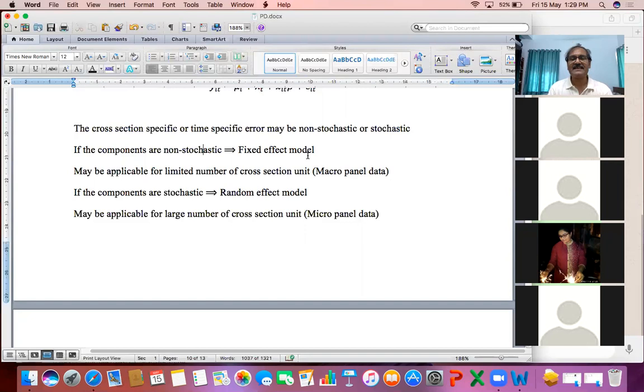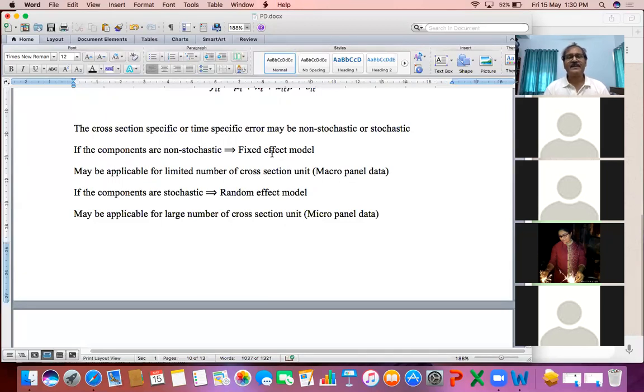Because in that case, as you are dealing with a fixed number of cross-section units, it is an intuitive explanation, not the proper scientific explanation, for why it is called a fixed effect. Fixed effect means the effect of the cross-section specific behavior is fixed. In other words, the effect is not random.